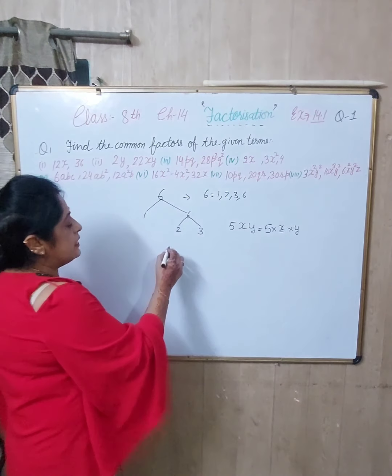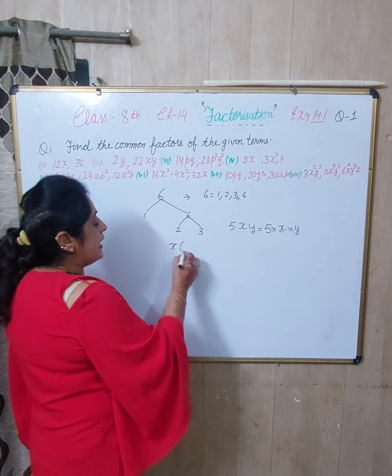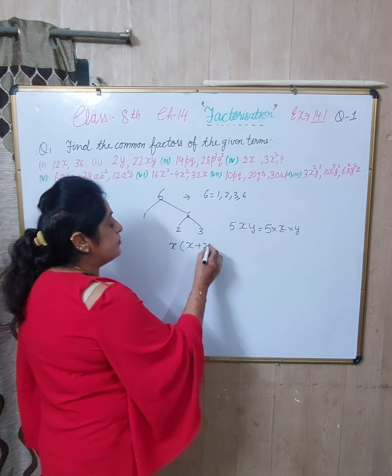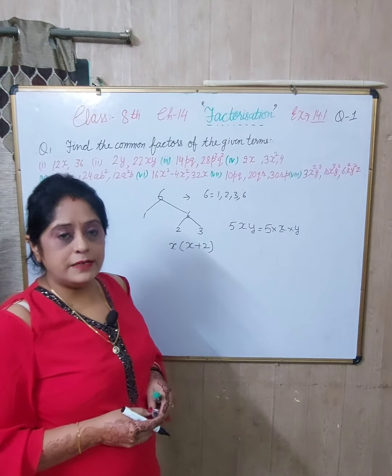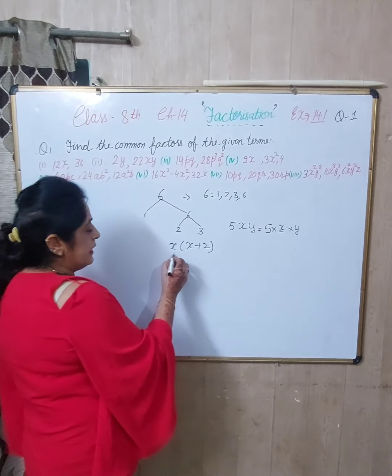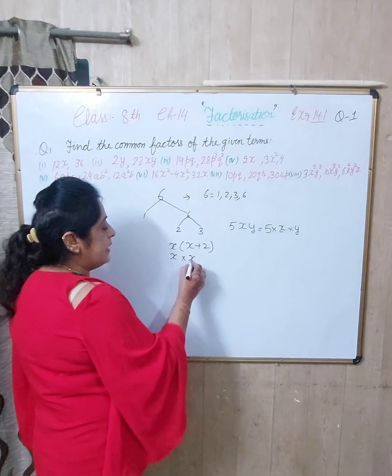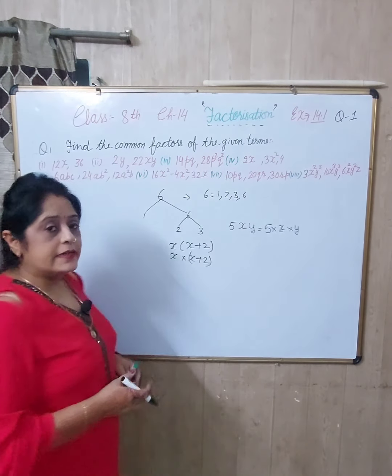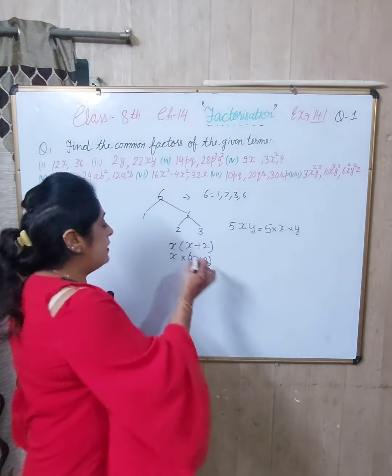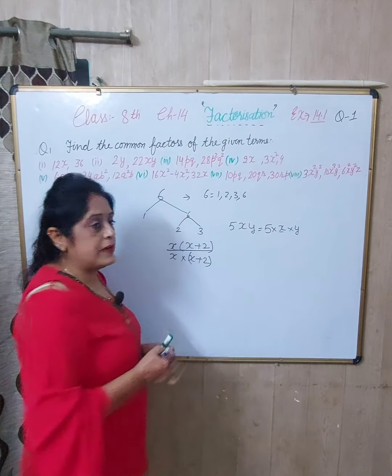If I give an example, x and x plus 2: if any sign is not there, it is a multiply. So x multiply x plus 2. x plus 2 and x, both are the factors of this expression.